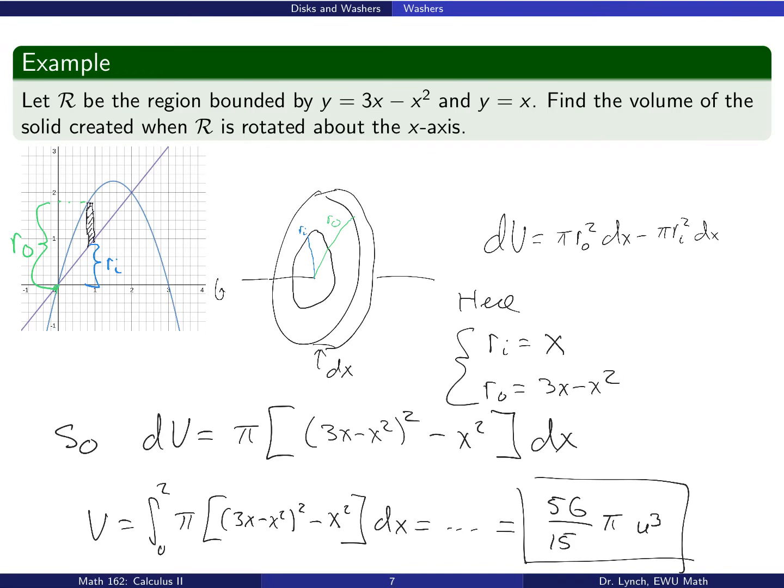Again, here I'll omit some of the details: expand the quantity 3x minus x squared all squared, simplify under the integrand, pull out the pi, find some antiderivatives, evaluate between 0 and 2, and you find that the volume of the solid created by revolving the region around the x-axis is 56/15 pi cubic units.